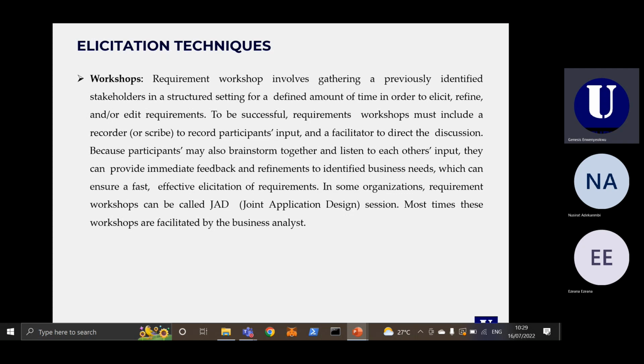Requirement workshops involve gathering previously identified stakeholders in a structured setting for a defined amount of time in order to elicit, refine, or edit the requirements. In an agile world, workshop is synonymous with backlog grooming and sprint planning. That is what workshop is all about.